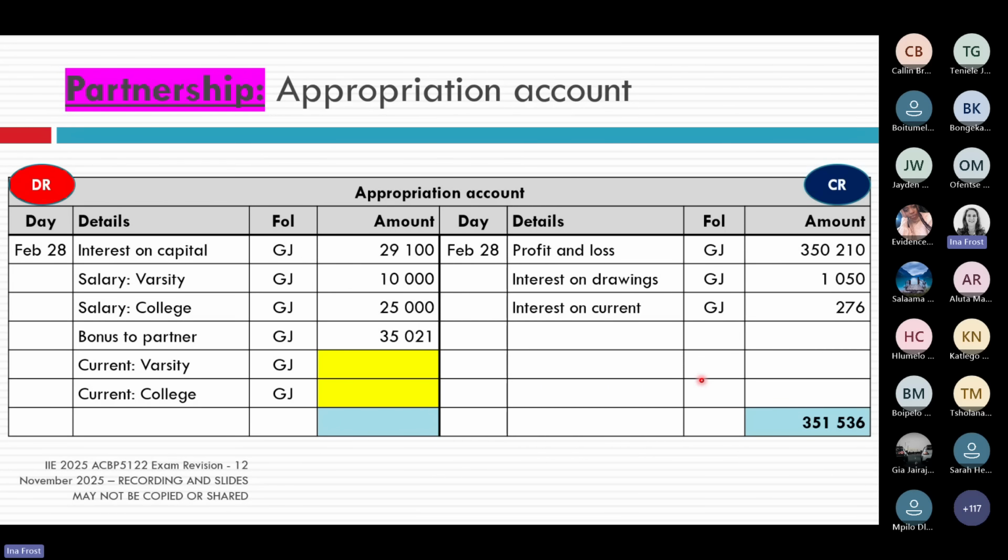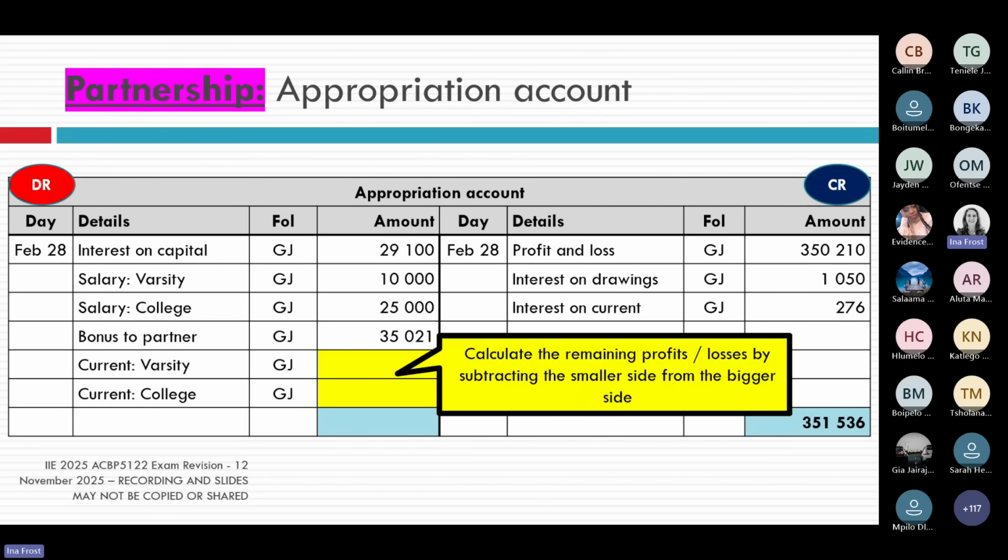Then, once we have now closed off all the accounts to the appropriation account, we'll add up the biggest side. And in this example, it's the credit side. Then we subtract from it all the amounts on the debit side. And that then provides us with the remaining profit.